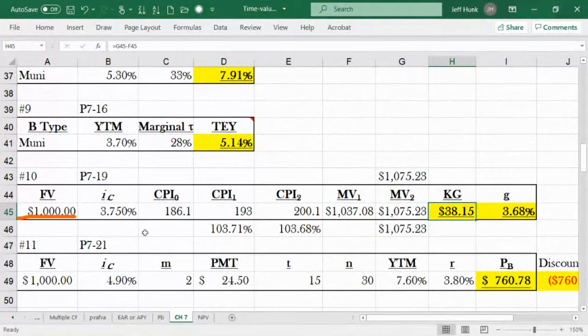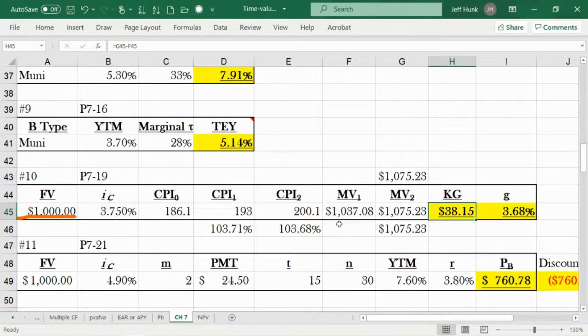No. 1,000 was just the face value. Because of inflation, the adjustment for inflation has been made.